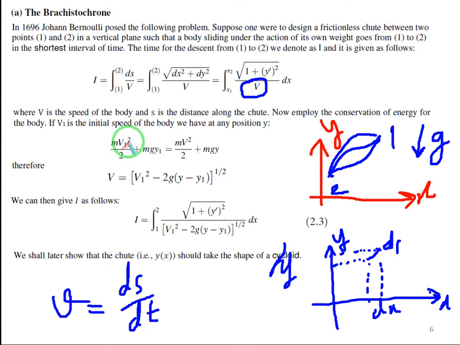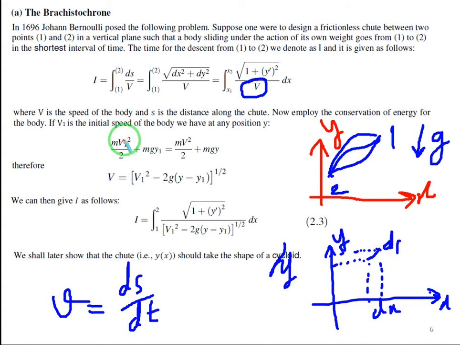As we know, the path is frictionless. We can use the conservation of energy, and we can say that the mechanical energy is conserved during the path. So the potential energy plus kinetic energy is always a constant number.